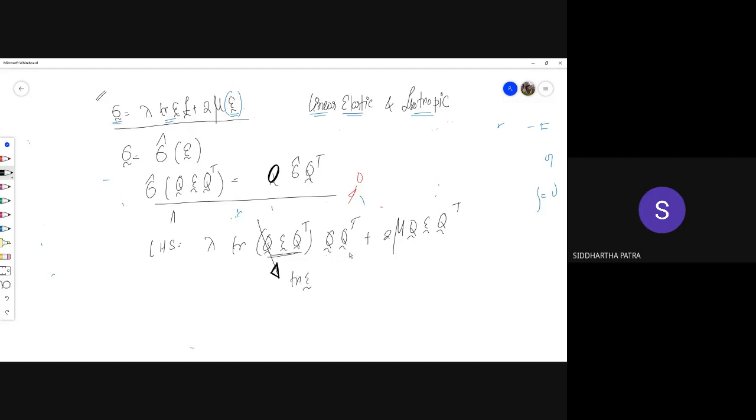And Q times Q transpose can be thought of as Q times I times Q transpose. Eventually, I can write this as Q times lambda trace of epsilon times I plus twice mu epsilon, and since mu is a scalar, I can take Q out. Then Q transpose, which is basically Q sigma hat Q transpose. Which means if the strain rotates, the stress also rotates by the same amount, and that essentially proves the isotropy of the material.